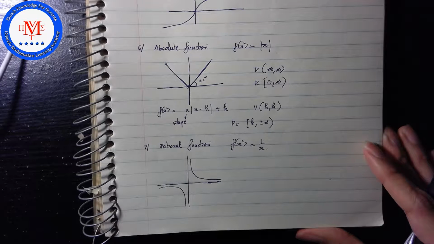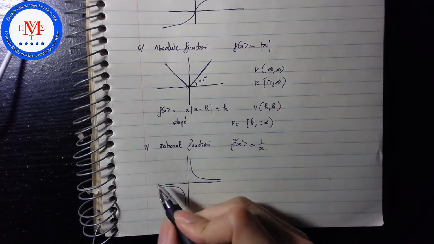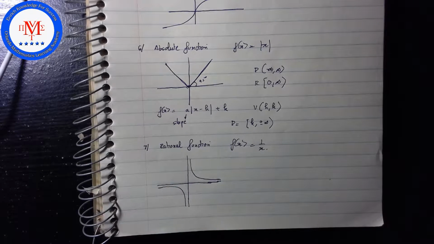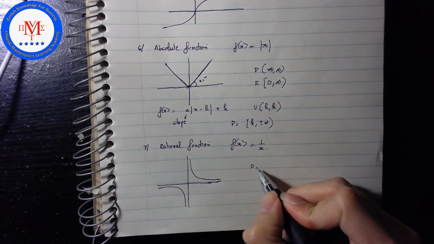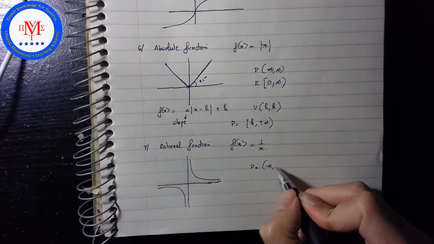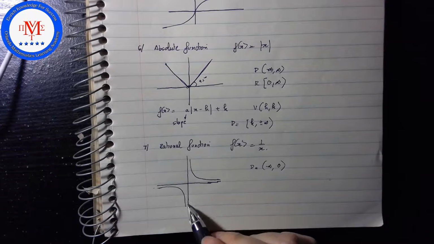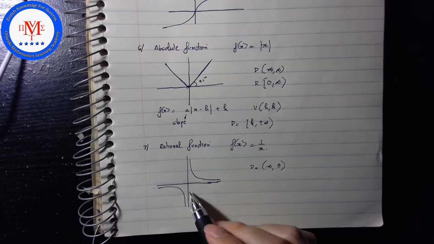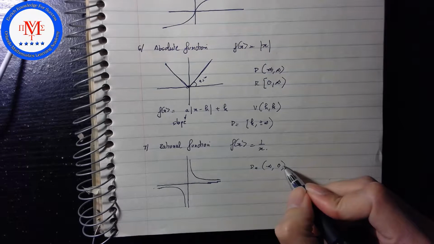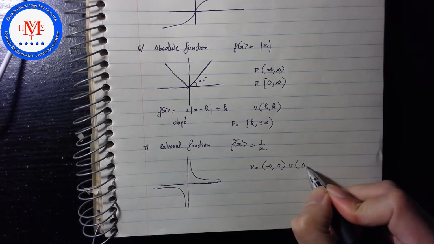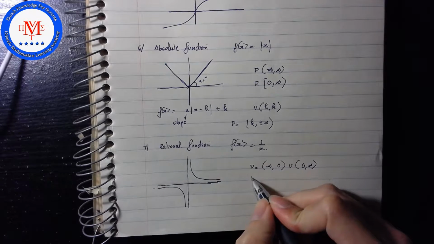The domain is from negative infinity to 0, because you see it never cuts the y-axis, so this stops at 0, not included, union with 0 to positive infinity, and the range is also from negative infinity to 0, union with 0 to positive infinity.